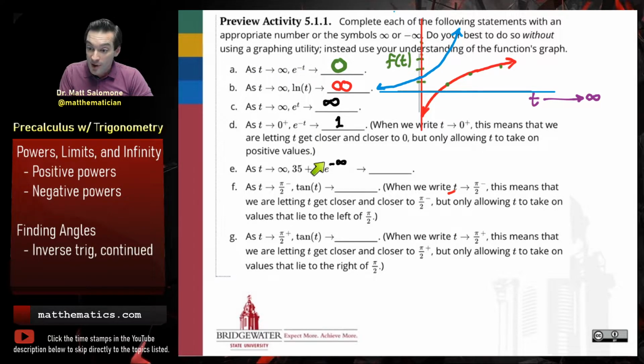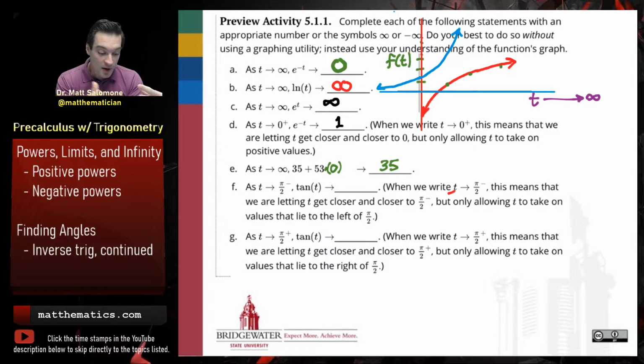According to our answer to part A, that tends to 0. And since that part tends to 0, multiply 0 by 53 and get 0, add 35, and we'll conclude that this is 35. So we're doing some loose, heuristic analysis here.